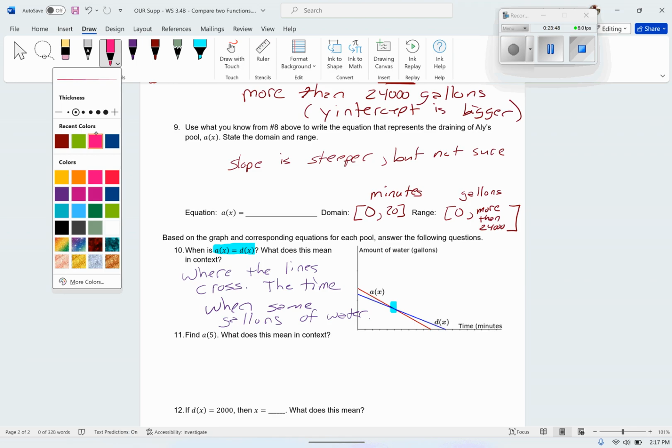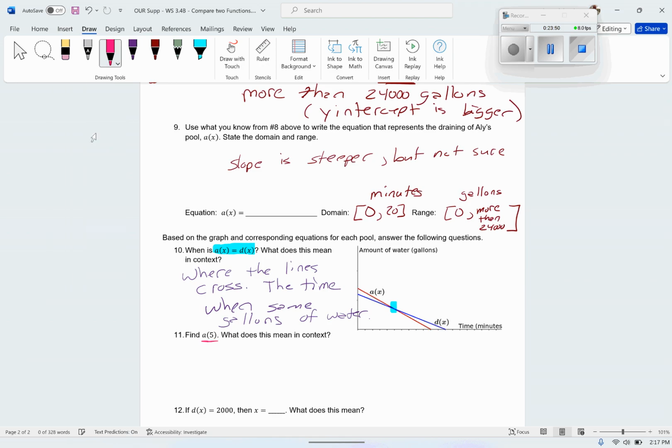All right. A at 5. So this was 0, 2, 4, 6, 8. So A at 5. And we're doing Allie's pool, right? We're going to come straight up. We're going to come straight over. And there was a tick mark there. I think this tick mark is 20,000, 40,000.